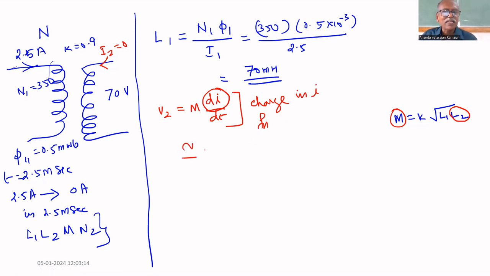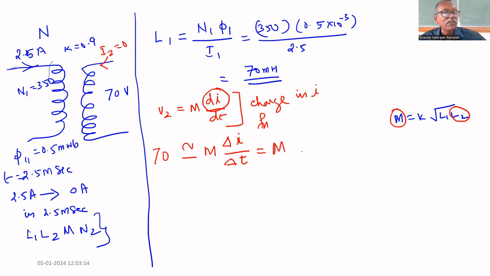We are assuming that it is true for large changes, delta I by delta T. Compared with dt, 2.5 millisecond is very, very large, because dt is infinitesimal.